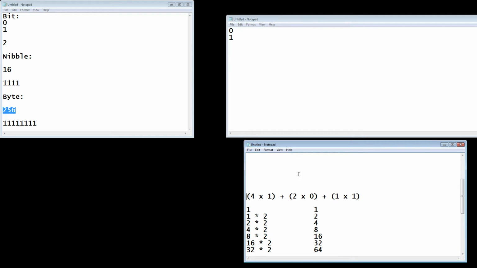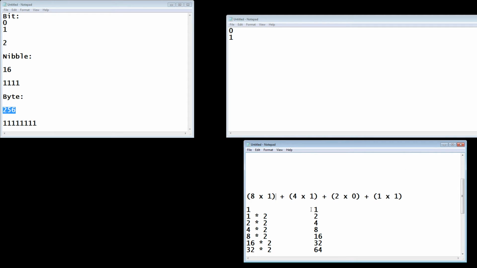And we're going to do one more here. This will represent our nibble. And our last one here is going to be an 8. So 8 multiplied by, we'll do 1.